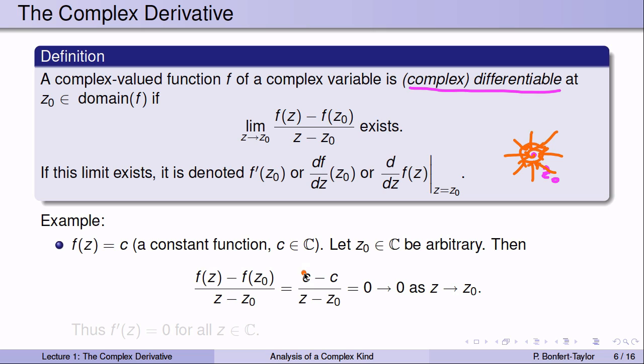F of z is this constant c, but f of z0 is also equal to c, because f is a constant function, divided by z minus z0. The numerator evaluates to 0, the denominator is non-zero, so the quotient is equal to 0. And as z approaches z0, it doesn't matter how z approaches z0, this quotient is always 0, and clearly has the limit 0. Therefore, the derivative of f is equal to 0 for all points in the complex plane.